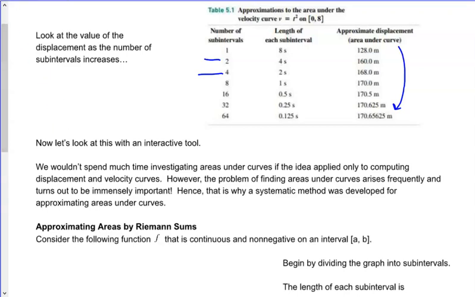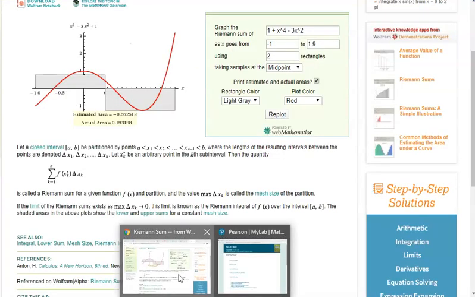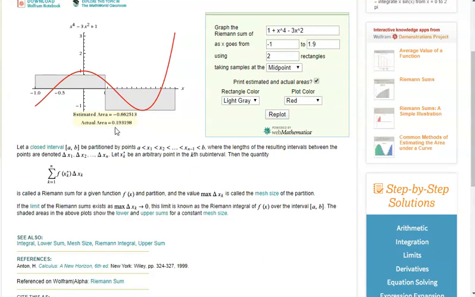Okay, so now let's look at this with an interactive tool. And so I just pulled something up off the internet which kind of shows this. It's off of mathworld.wolfram.com. And so here's a function that we have, and I've represented it by having 2 rectangles approximate the area under this curve with the x-axis.